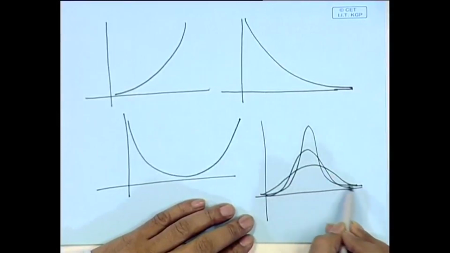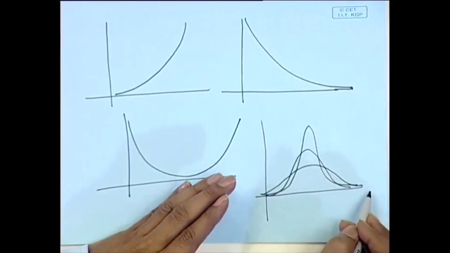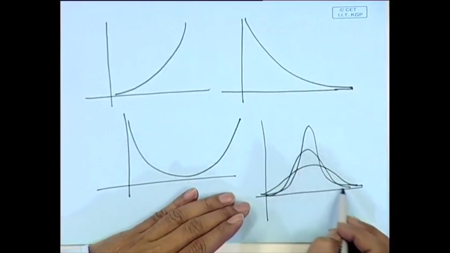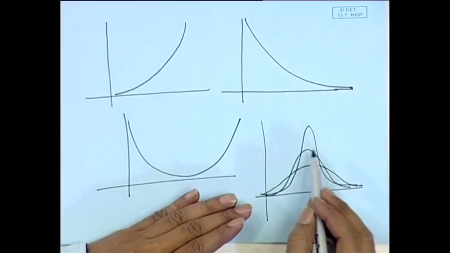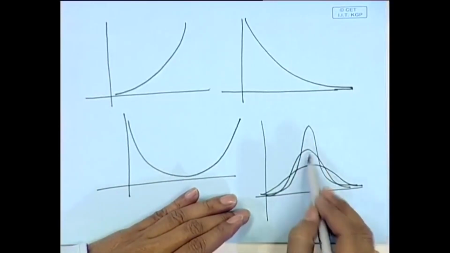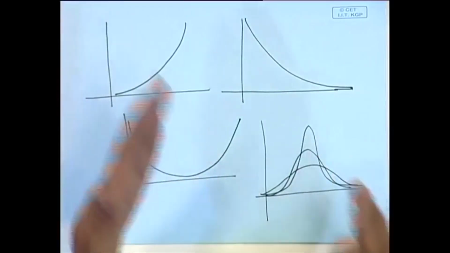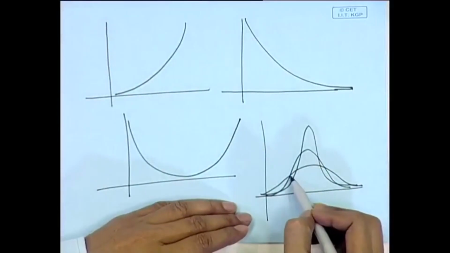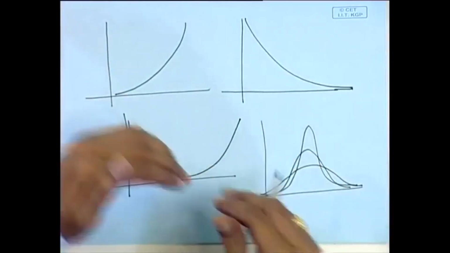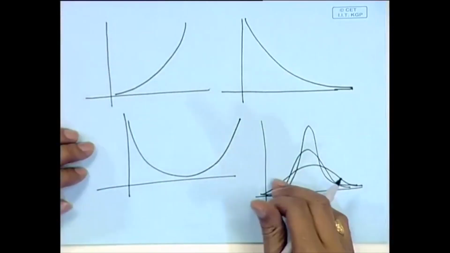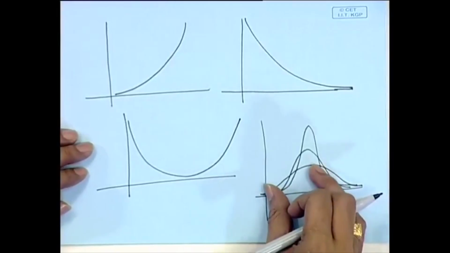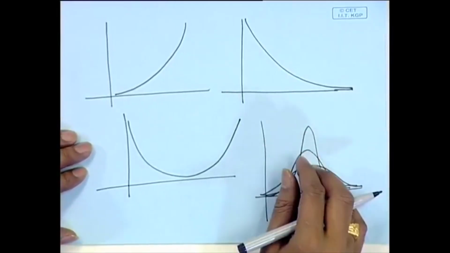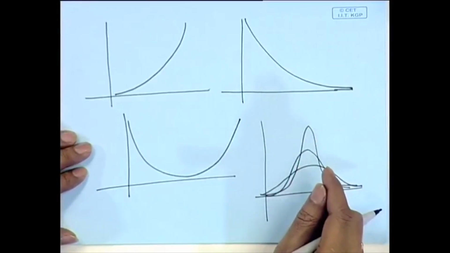This is sparsely distributed, this is moderately sparsely distributed, and this is a heavily concentrated distribution. A large number of values are towards the center and very few values towards the end. Here the things are more or less equally distributed. So, you can say a fat belly and a tall belly. This type of curves are also common.